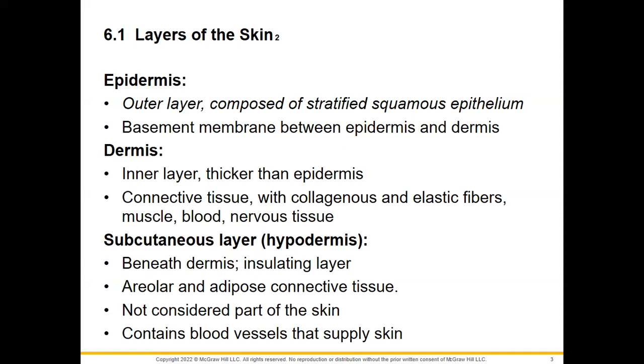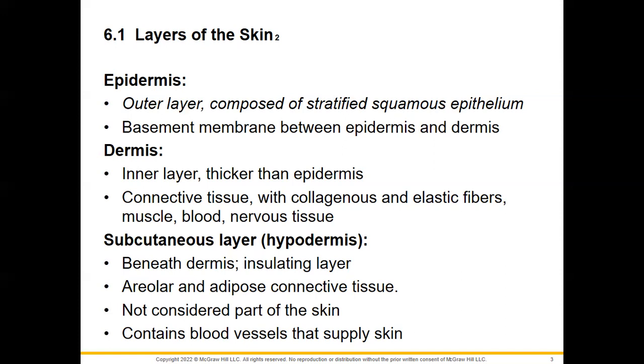So the cutaneous layer, or your integumentary system, is made up of epidermis and dermis, but whenever we talk about the skin, even though it is not directly a part of the integumentary system, the subcutaneous layer is always mentioned, also called the hypodermis or the hypodermic layer. Both are different names for the same structure.